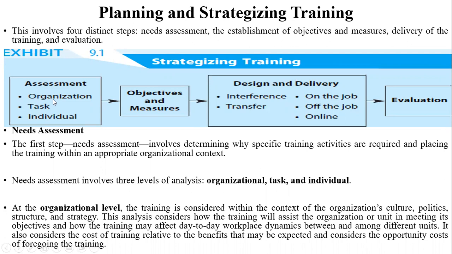Then thirdly, there is the individual level analysis, which we call person analysis. In fact, at level 300, we were calling it person analysis, which focuses on the micro level analysis of how individuals can be incentivized through training and development to enhance the attainment of the long-term aspirations of a company.